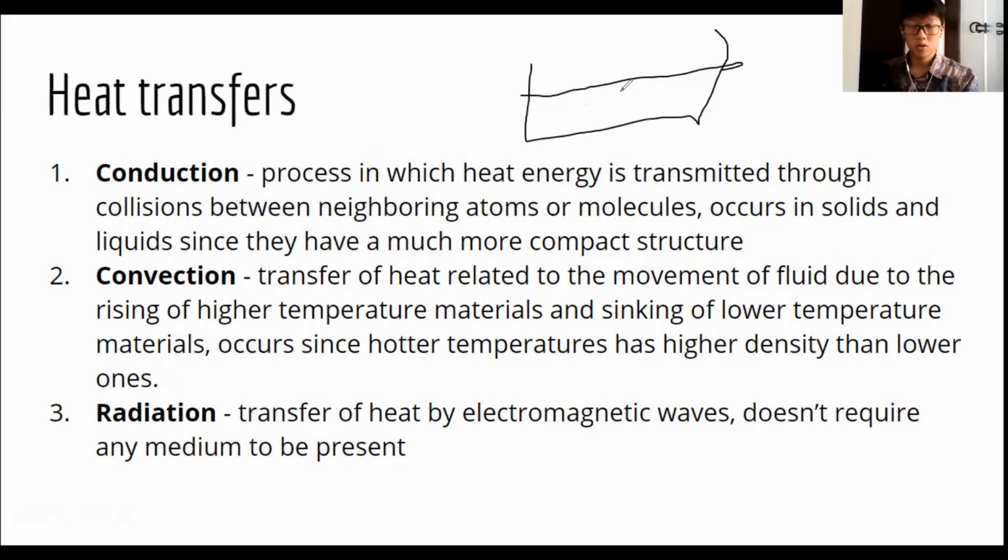The hot water is above the cold water, since heat is being absorbed by the pan, so the bottom one will get heated first, and then it will move up, and the top one will go down. That's basically what convection is, the movement of fluid.